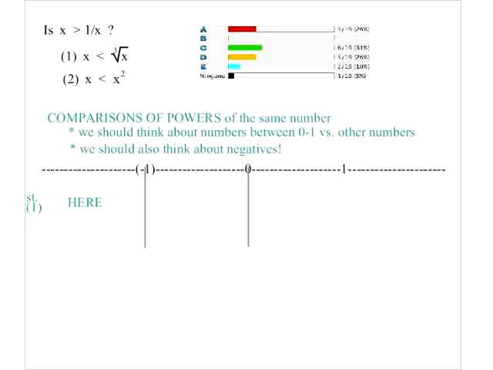For example, the cube root of -8 is -2. So -8 is indeed less than -2. So this works. Not here. For example, -1/8 is not less than -1/2. So this would be false.